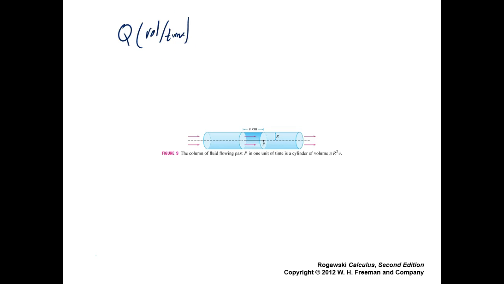Like I said, cubic feet per minute, cubic centimeters per hour, it could be any kind of volume per unit time. And what that's equal to is your cross-sectional area, called A, times a velocity, V. Okay?